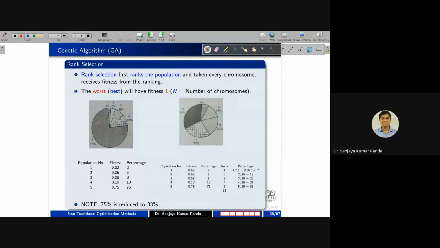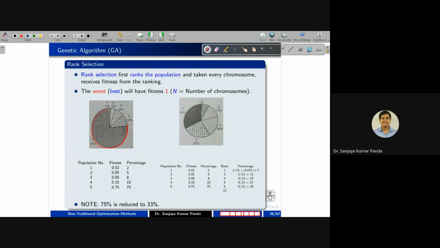Thank you. So see here, there is another selection method that is called rank selection. What I told you in roulette wheel is that if a particular population occupies more space, in this case 75%, it is difficult, right? Every time that population is going to come, and the other populations will not come into the picture. In order to avoid that, there is rank selection. Rank selection says you have to rank each and every population starting from 1, 2, 3, 4, 5.